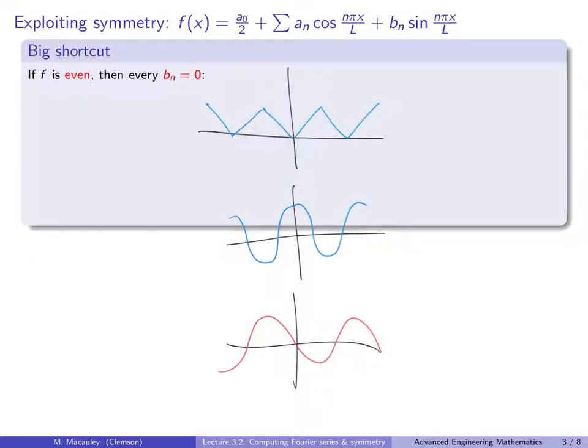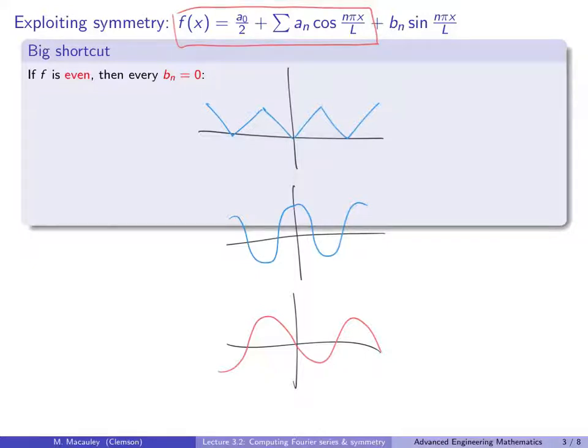In other words, there cannot be any sine terms in an even function. Even functions are entirely composed of cosine waves and possibly a vertical shift. So hopefully this picture convinces you of that, or at least gives you evidence that you believe it.